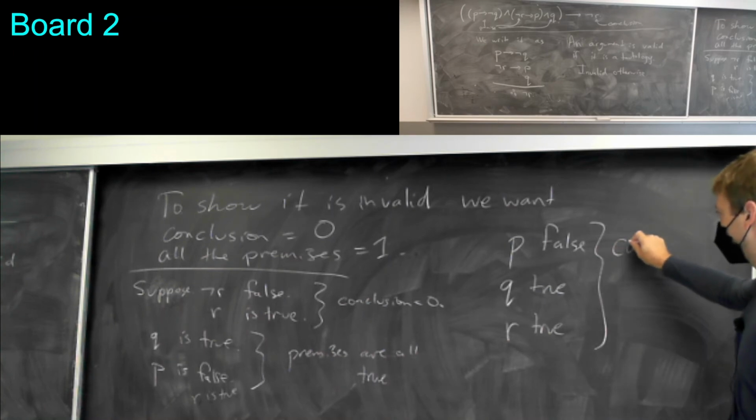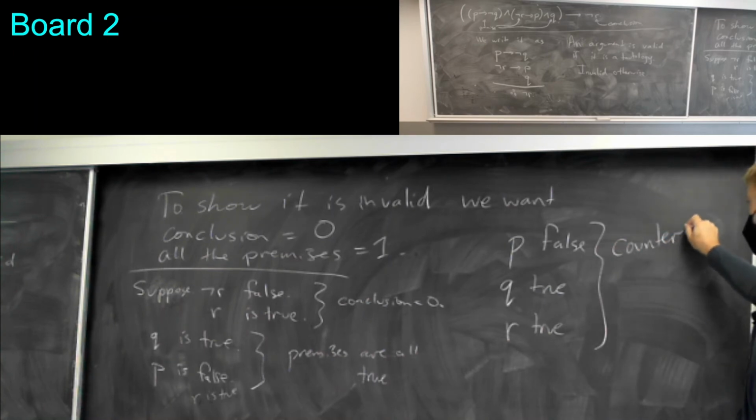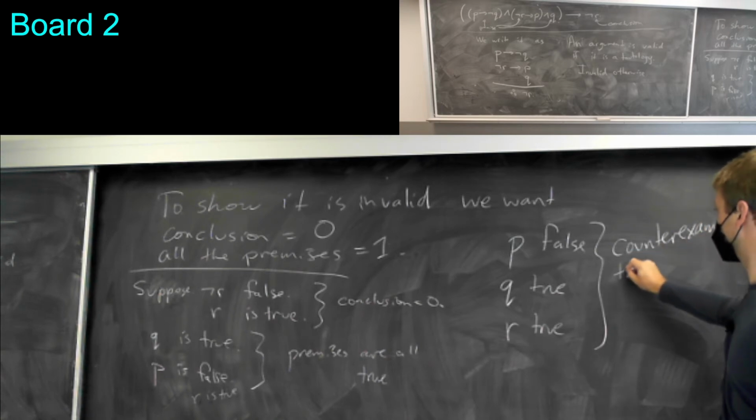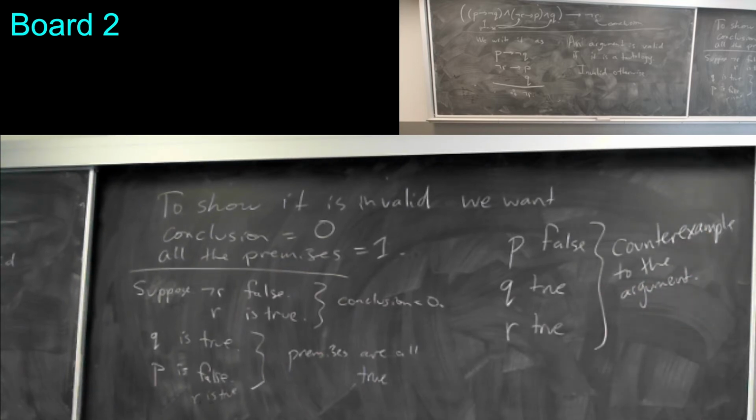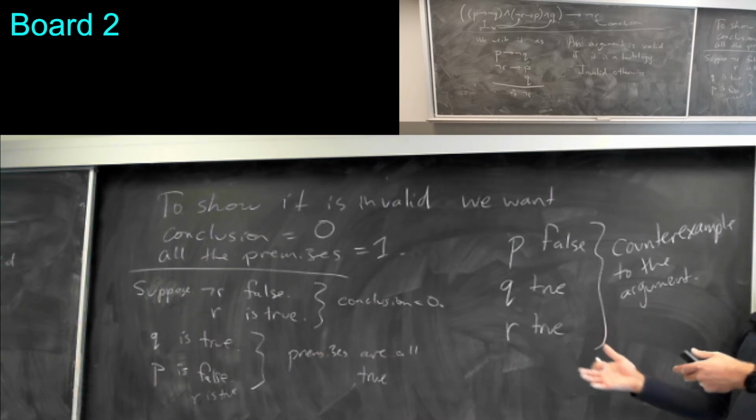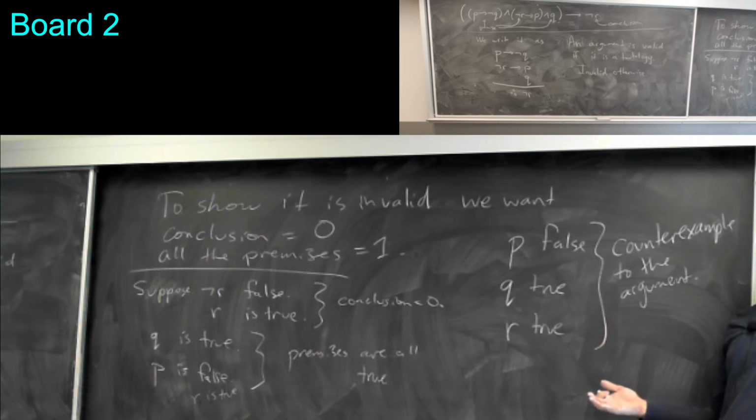I would call this a counterexample to the argument, or just counterexample, because this is an example which shows that the argument is not valid. Any questions about that? Okay.